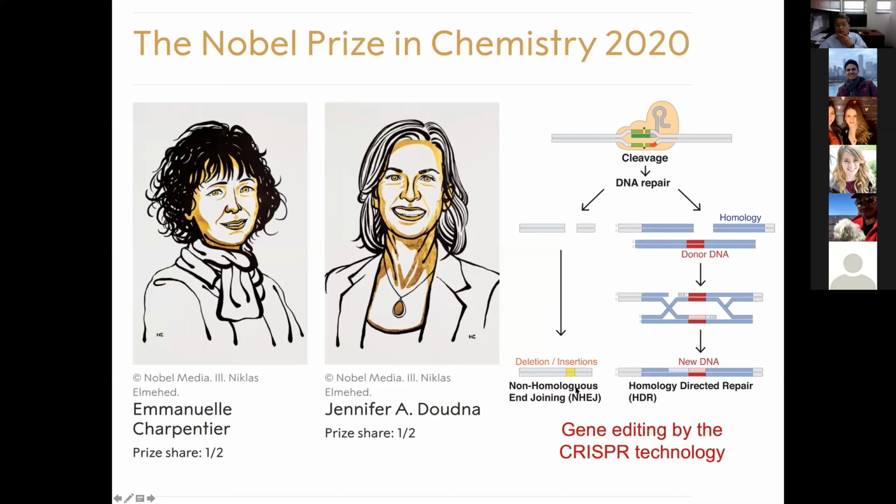So that is one function of the CRISPR-Cas system: you can cut a specific point of DNA and then disable the gene encoded by the DNA.